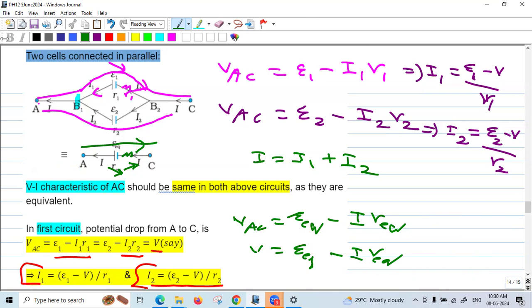From this I get I as E equivalent minus V divided by R equivalent. You have the same form.